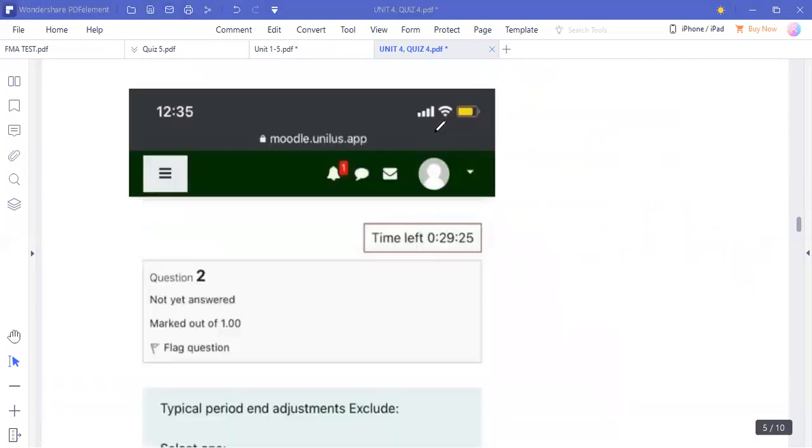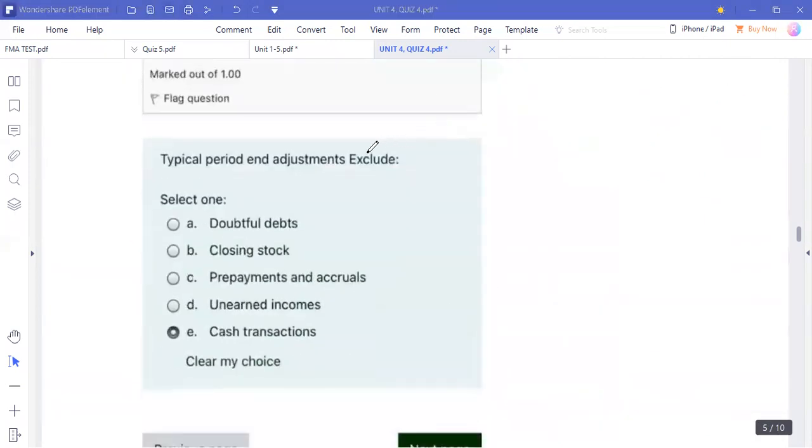Then we went to the next question, which was asking that the typical period end adjustments usually exclude what? The end of the period adjustments usually include the closing stock. There is usually some doubtful debt. There is usually prepayment and accruals, then unearned income. These ones are usually there.